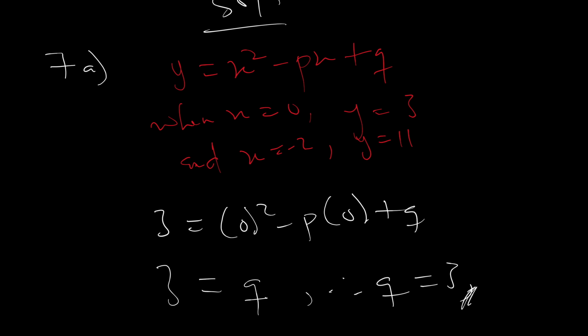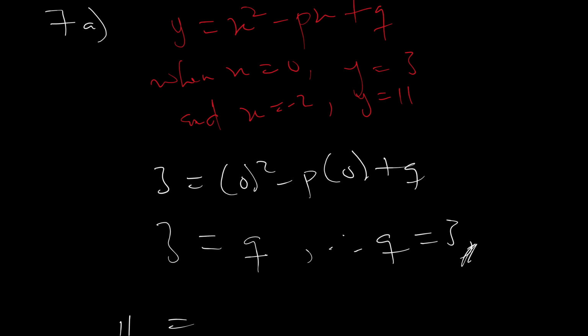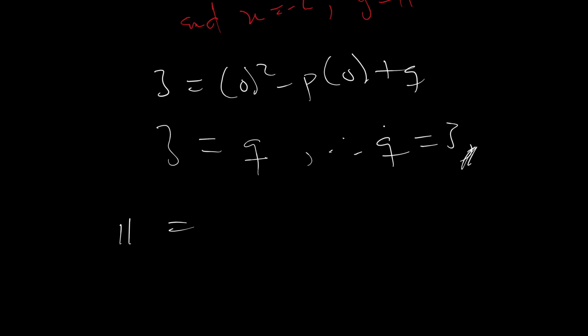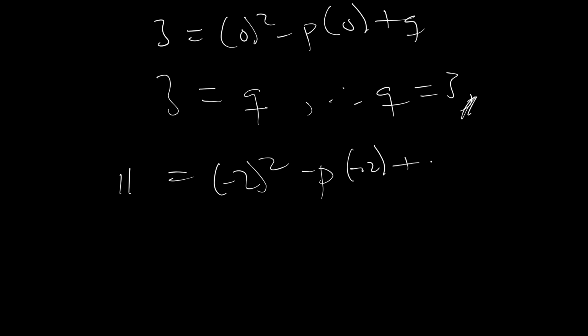Now when x is -2, y is 11. So we have 11, which is y, is equal to x squared. So x is -2, so -2 squared minus px, so minus p times -2, then plus q.